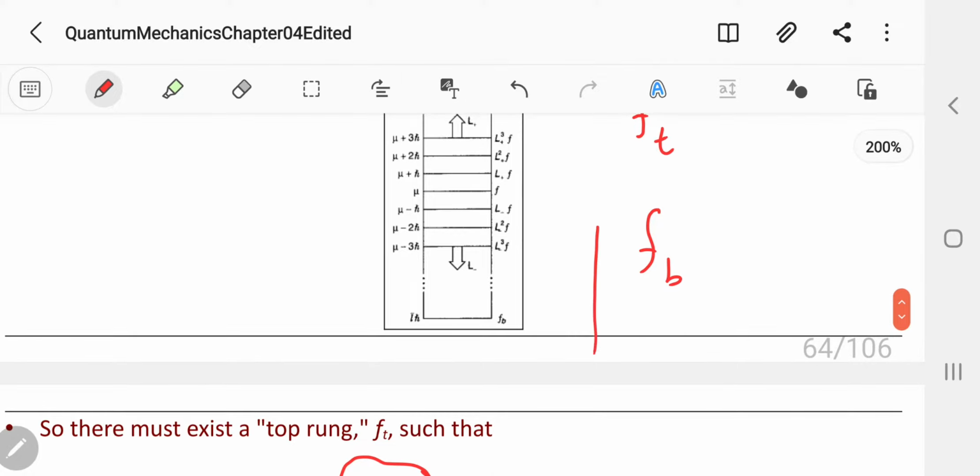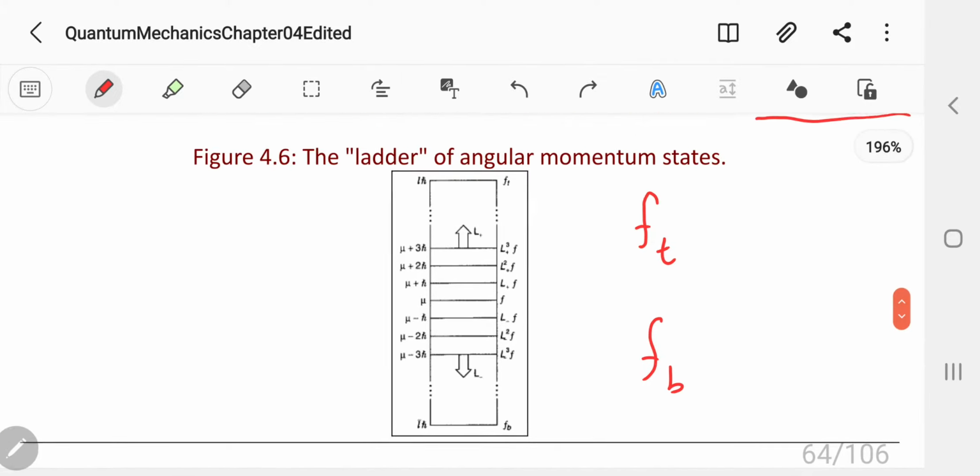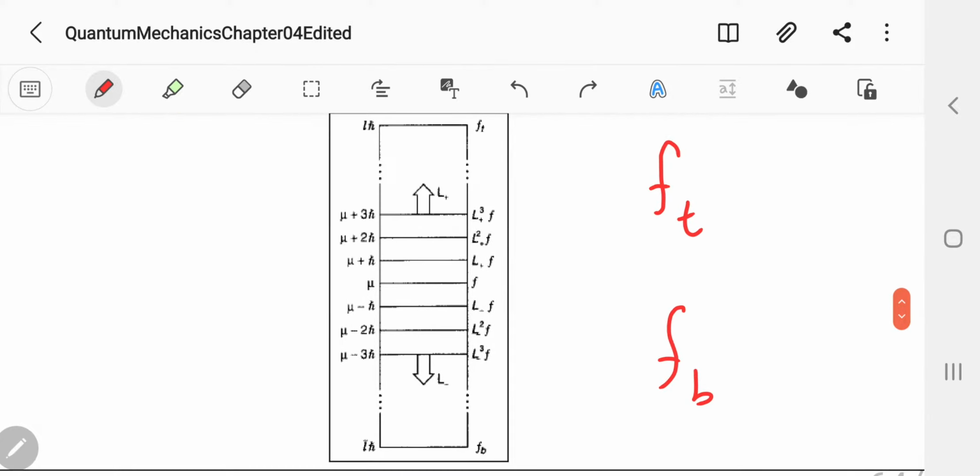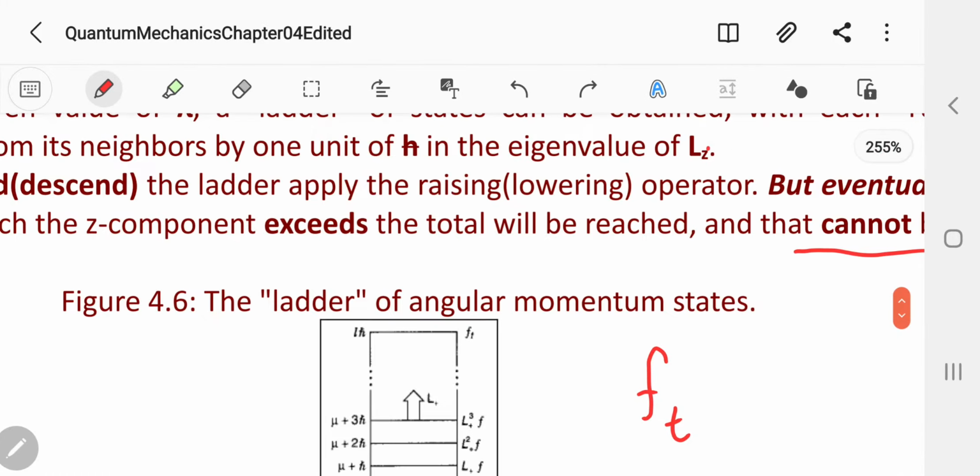We can expand this. You have the l here, mu plus l h bar.